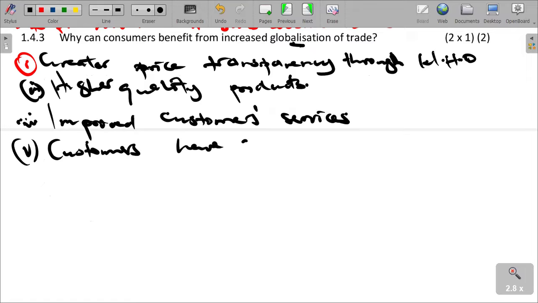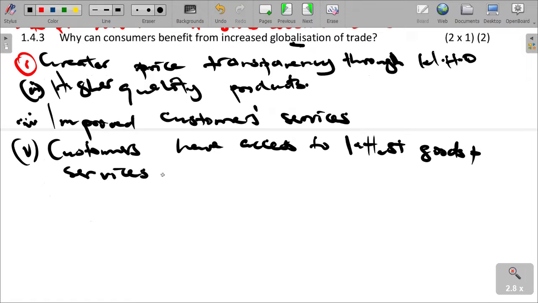Customers have access to the latest goods and services all over the world because of globalization.